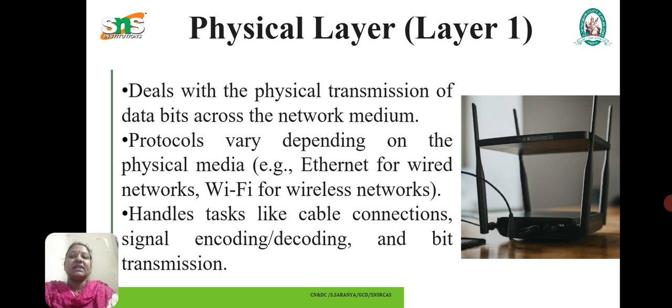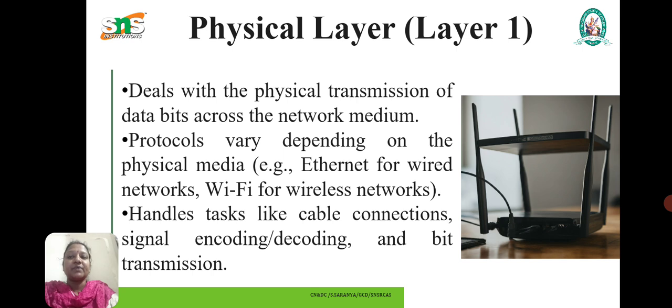So the last one is the physical layer. The physical layer is also known as the lowest layer. It interacts directly with the physical network media. This layer is responsible for the actual transmission of bits across the network using physical components like cables, network adapters and network interface cards.